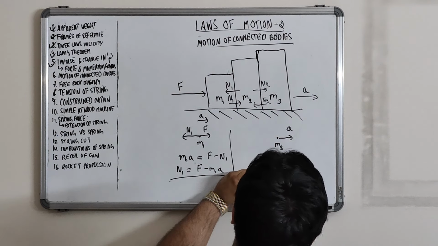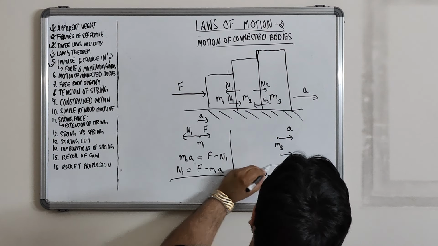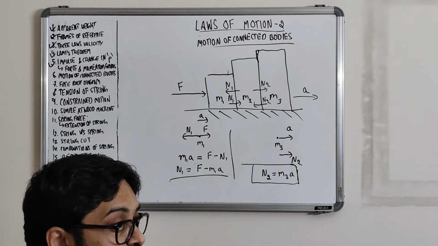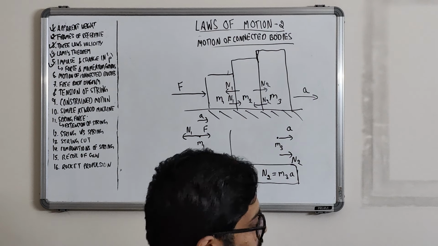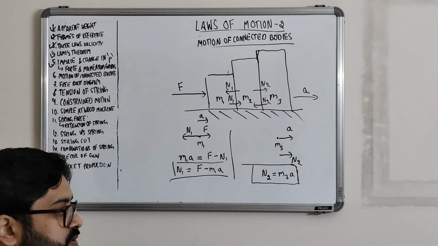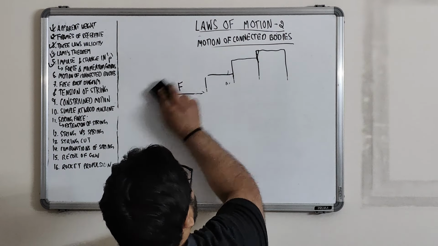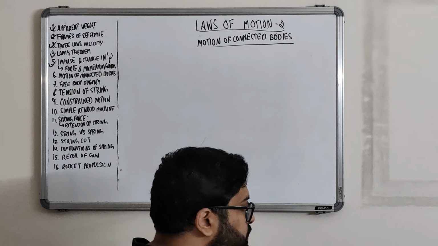So can we write n2 is equal to m3a? Right? So with the help of these equations, we can calculate the motion of connected bodies. Okay, let's do one question.